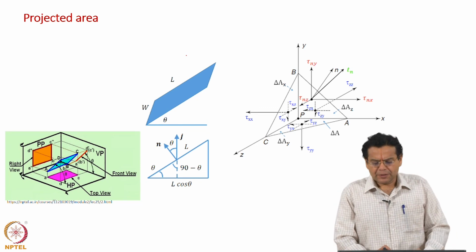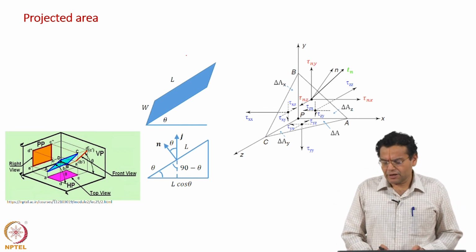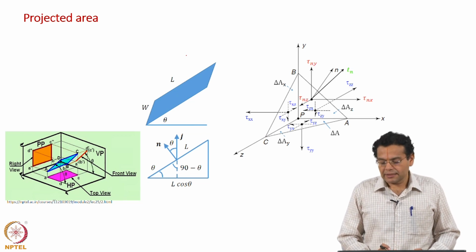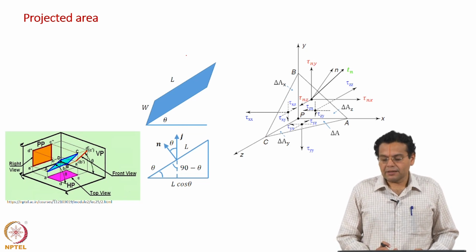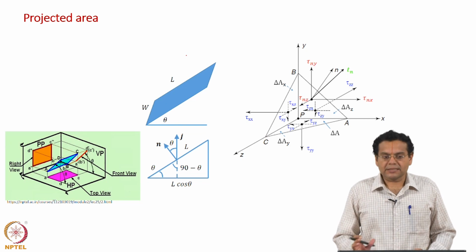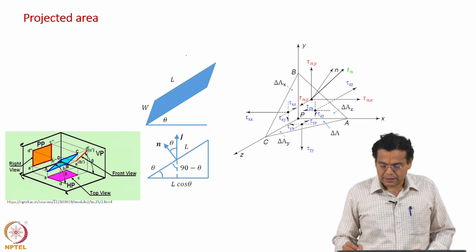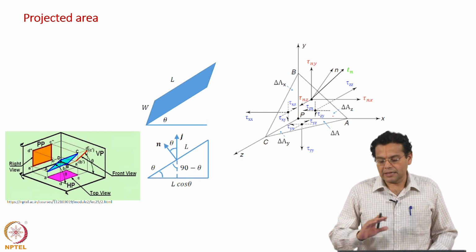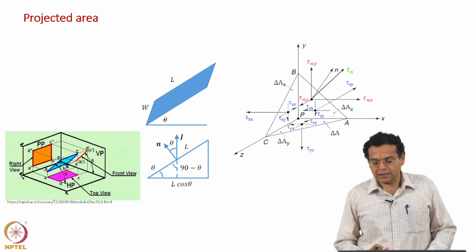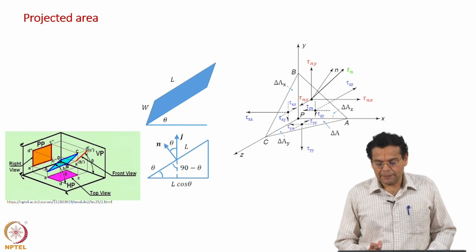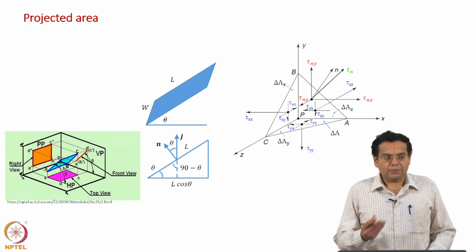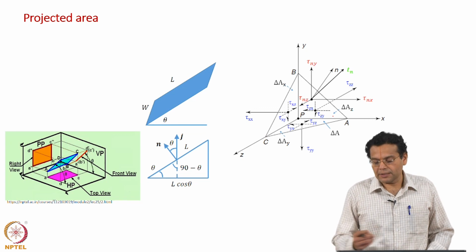For that, if you look at the area of, let us say, CPB, delta Ax, we can easily understand that that area is nothing but the projection of delta A on a plane whose normal is x axis. Okay. You have delta A, which is the area of the arbitrary plane. If you project on a plane, let us say the zy plane, you get the area delta Ax, or putting it the other way, you project on a plane whose normal is x axis.